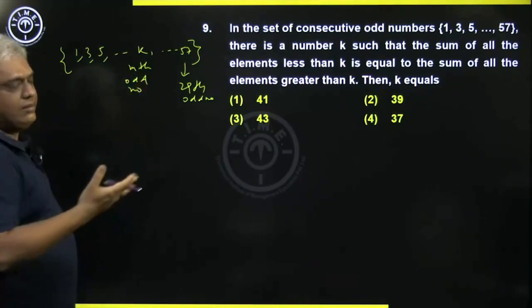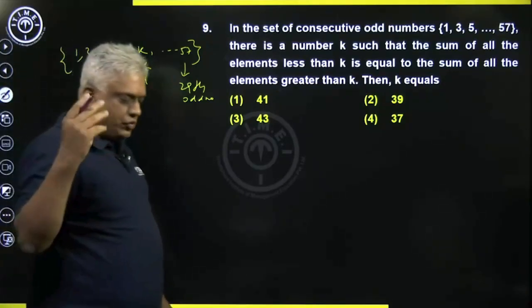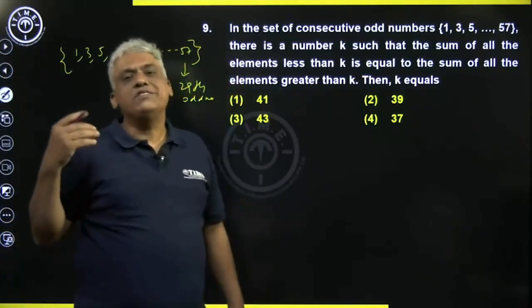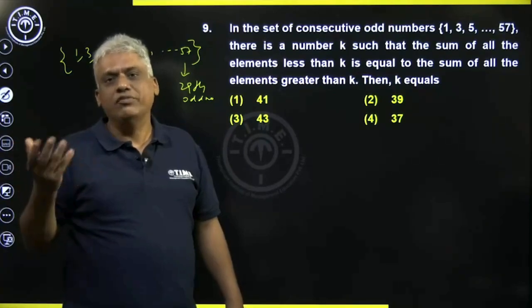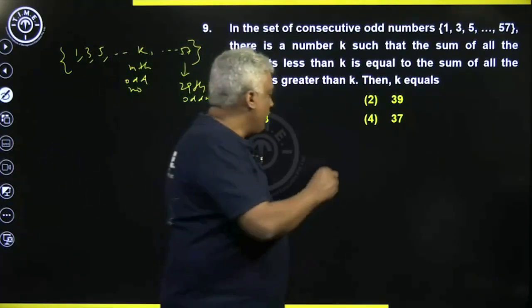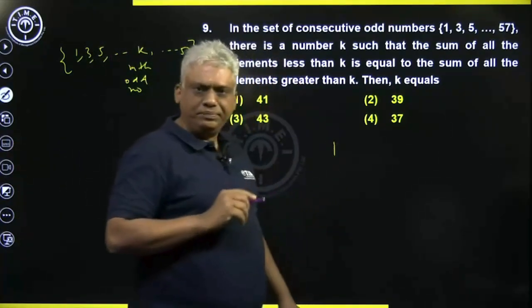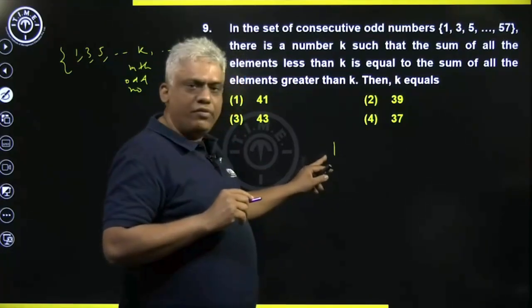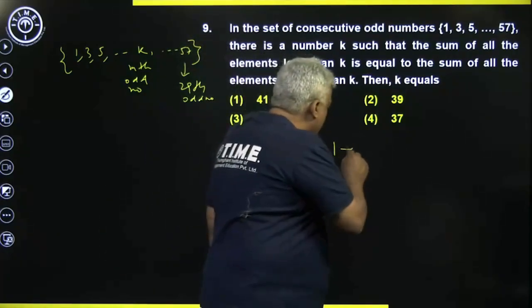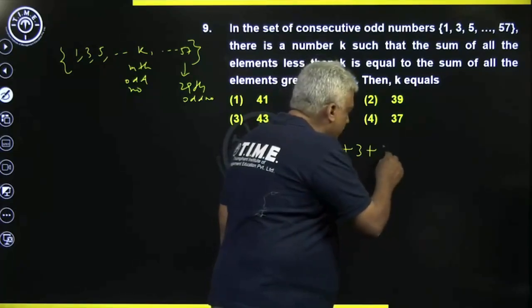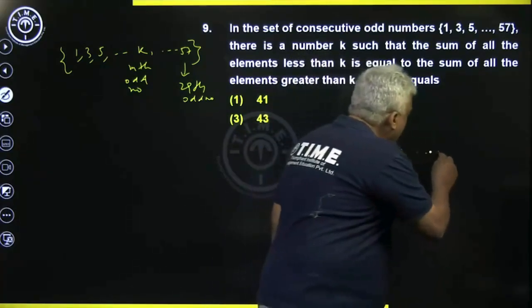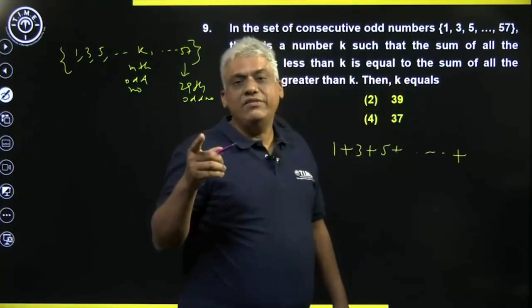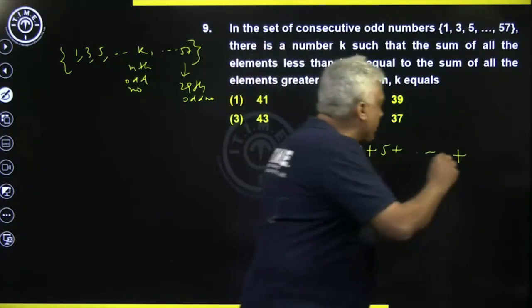Now they are saying that the sum of all elements before k and after k are the same. Now you must be knowing that the sum of first n odd numbers is n square. There is a very popular formula. The first odd number is 1, the second odd number is 3, the third odd number is 5. What is the nth odd number? The nth even number is 2n, so the nth odd number is 2n minus 1.